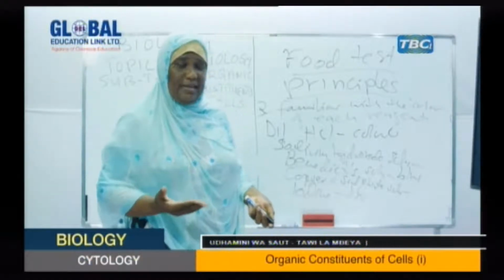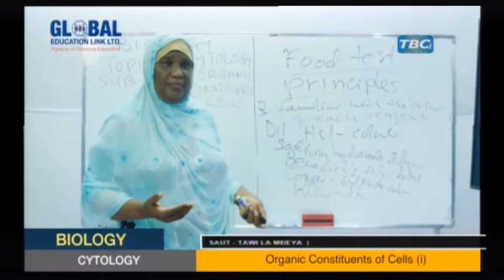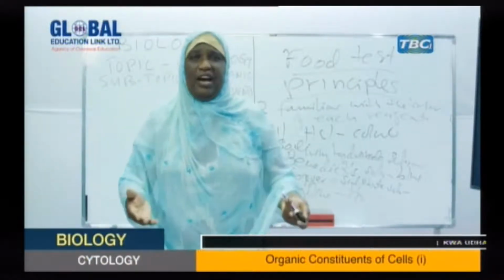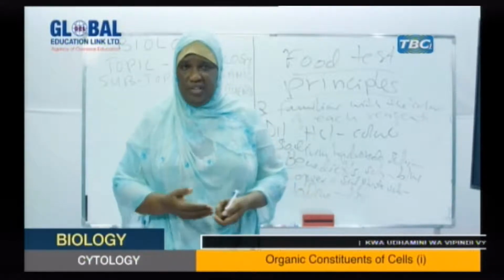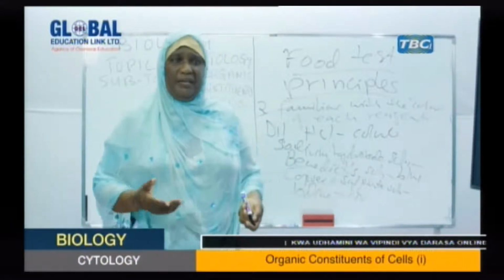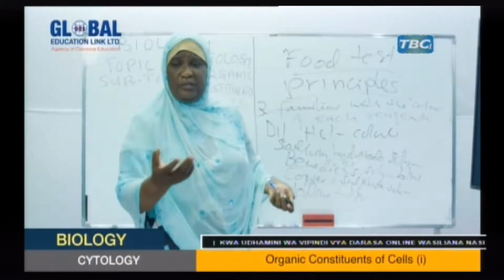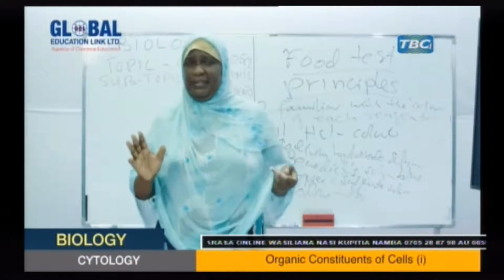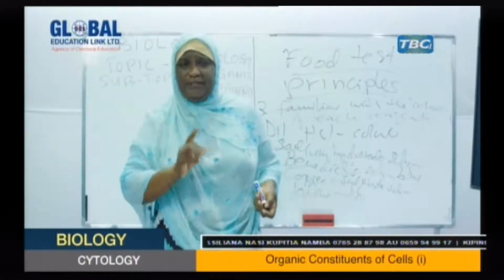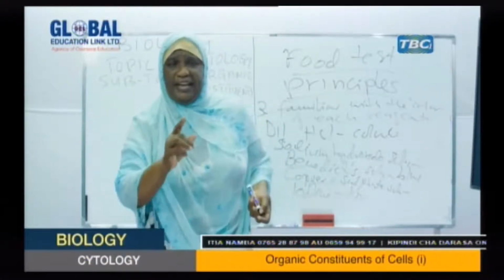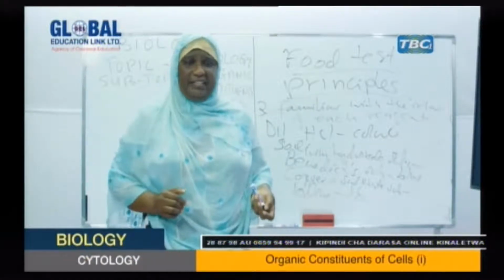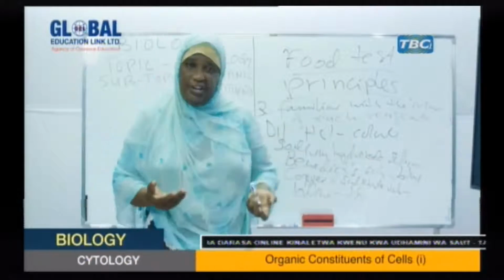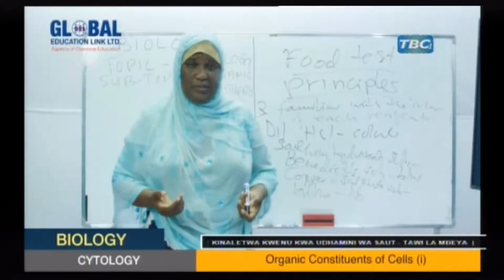For instance, you may say the sample solution retained brownish color of iodine solution. You cannot say the sample solution retained the color of iodine. You cannot say like that. You should be very, very specific by specifying the color of your reagent. That is why you are required to know the color of each reagent which you are going to use.